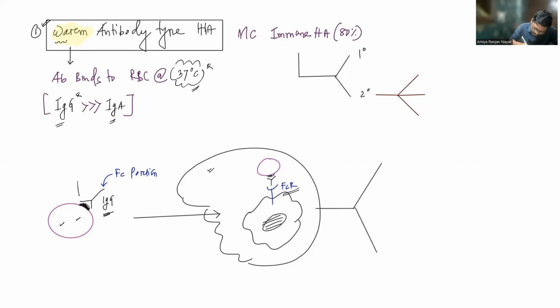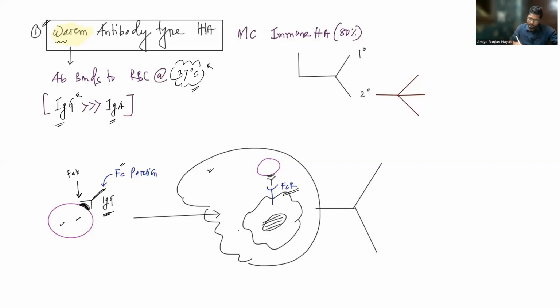The portion which binds to the antigen is the FAB fragment, and the other portion, which can bind to complements, is the FC fragment. This FC portion can be identified by the FC receptor present on the macrophages. Macrophages can identify these IgG-bound RBCs, and it can cause extravascular hemolysis.